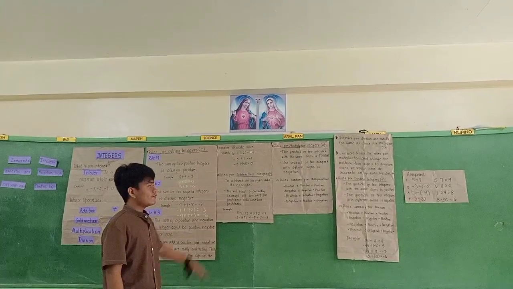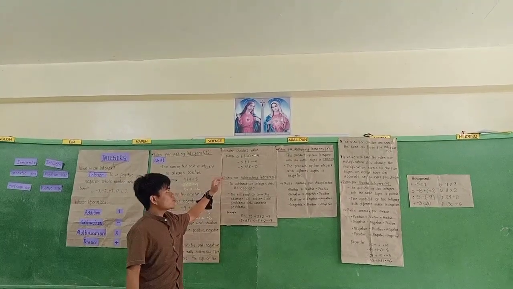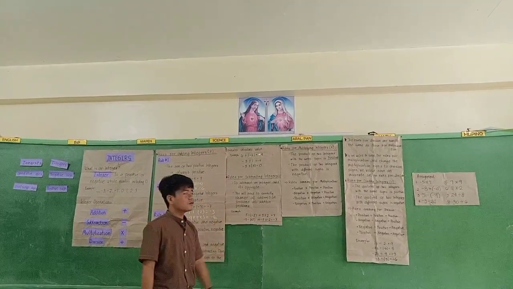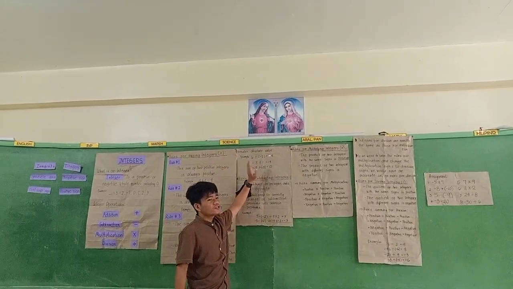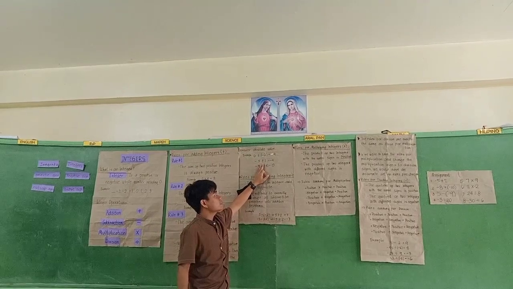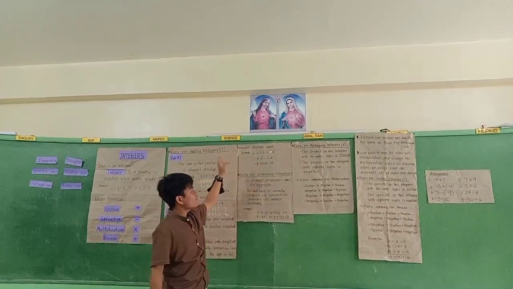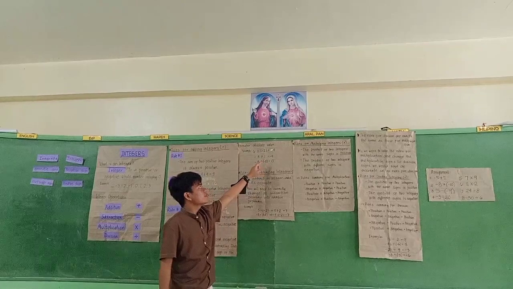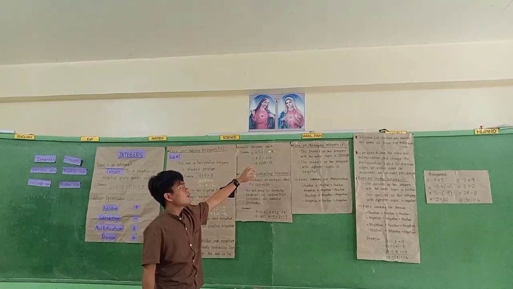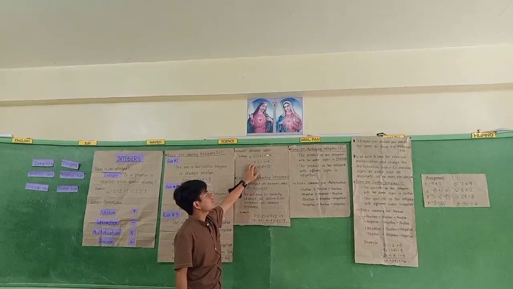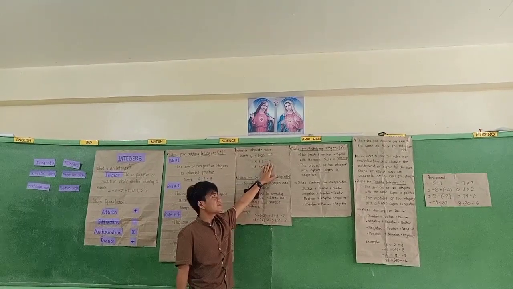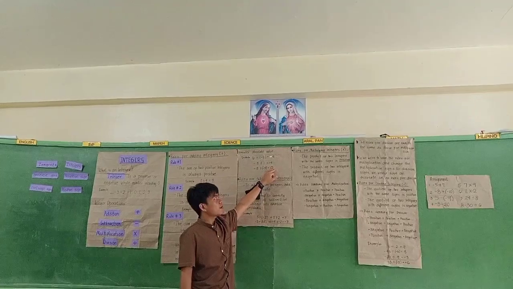So next we have negative 5 plus 1. Since they are not the same sign, we need to change the operation from addition to subtraction. So it becomes negative 5 minus 1, which gives negative 4. It takes the sign of the bigger number, which is 5. So the answer should be negative, which is negative 4.